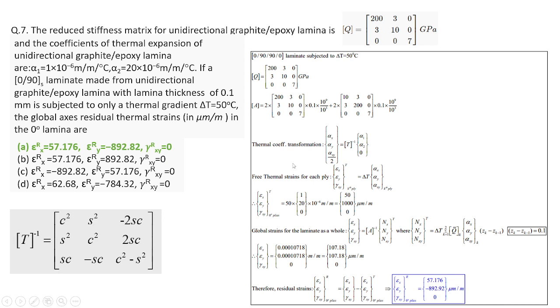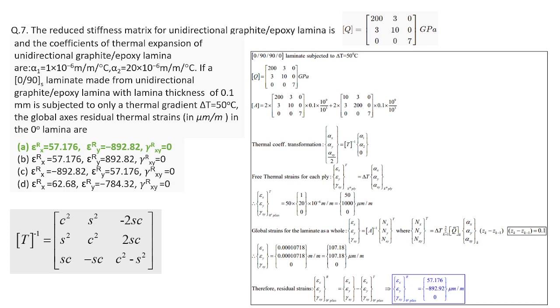The next is we have to find the residual thermal strain. For that, we have to find the free thermal strain of each of the plies. Residual thermal strain is the difference between when the laminae are attached to each other and when they have no bonding with the other laminae, so they are free.